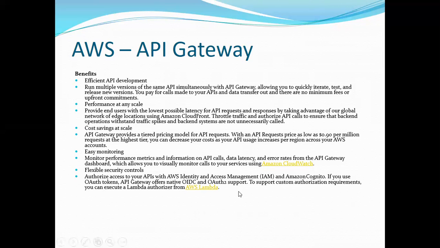I would recommend reviewing the documentation for OAuth tokens and what they are, and IAM and Amazon Cognito. You will get some idea, and that will be useful for how the service works. To support custom authorization requirements, you can execute a Lambda authorizer from AWS Lambda.